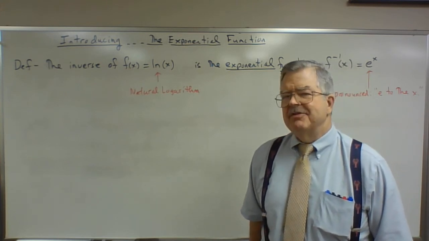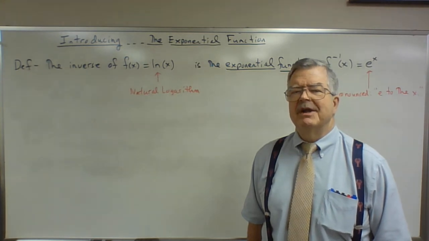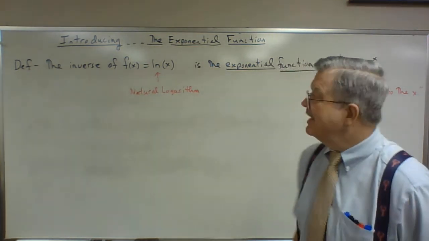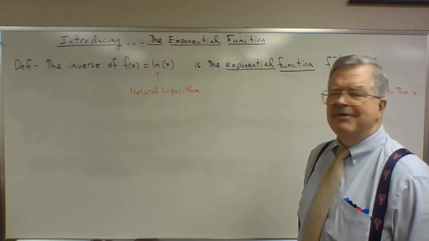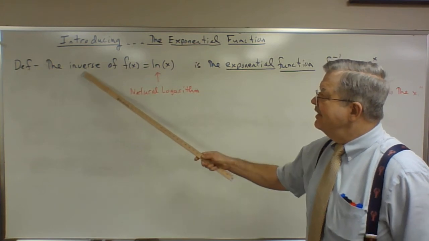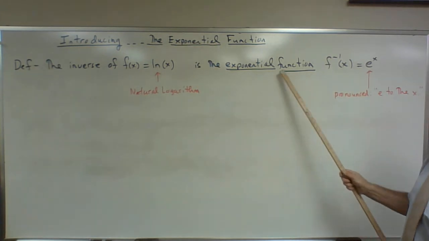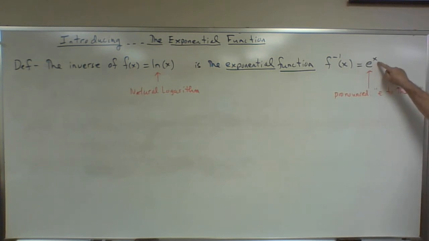And I mentioned at the end of the previous lecture that we would be talking about the inverse of the natural logarithm function. And that is exactly what the exponential function is. The inverse of f of x equals natural logarithm of x is the exponential function, e to the x.